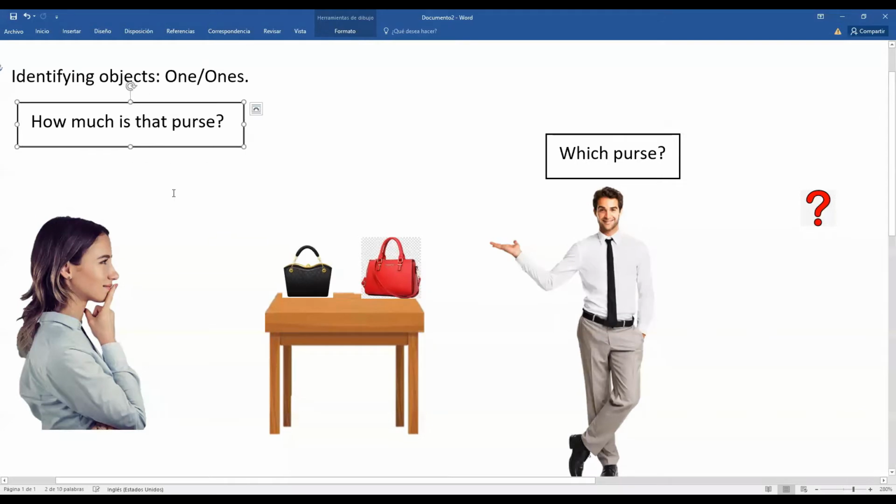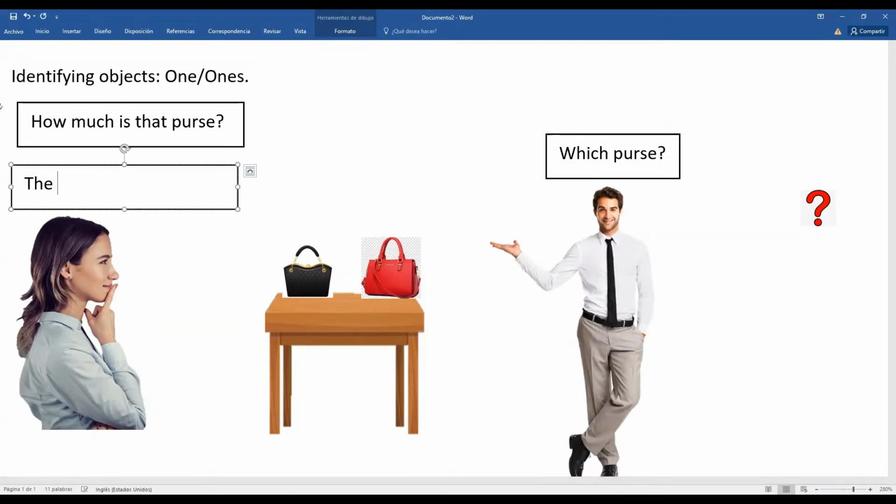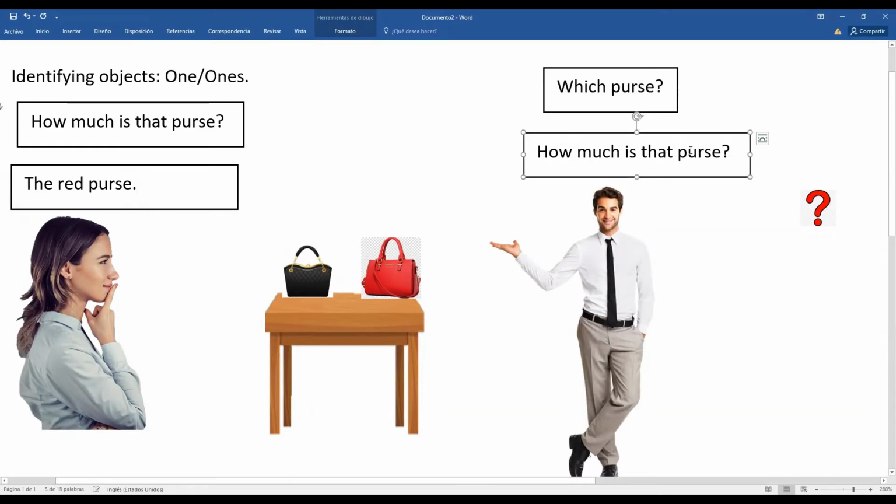So then she answers, the red purse. Then the man understands which purse she is talking about. So then he proceeds to answer the first question.